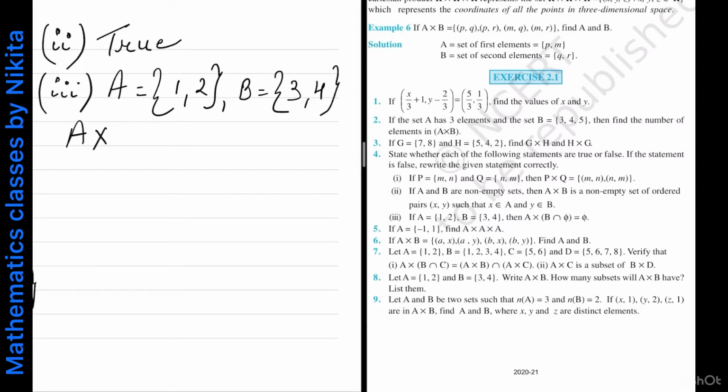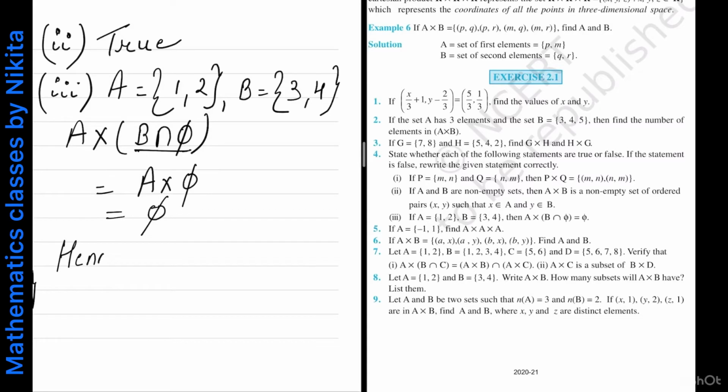Now this is equal to phi because the common elements in A cross B and phi is phi, and I told you that in the Cartesian product, if at least one of the sets is empty, then their product is also empty. So this is equal to phi. So hence the given statement is true.